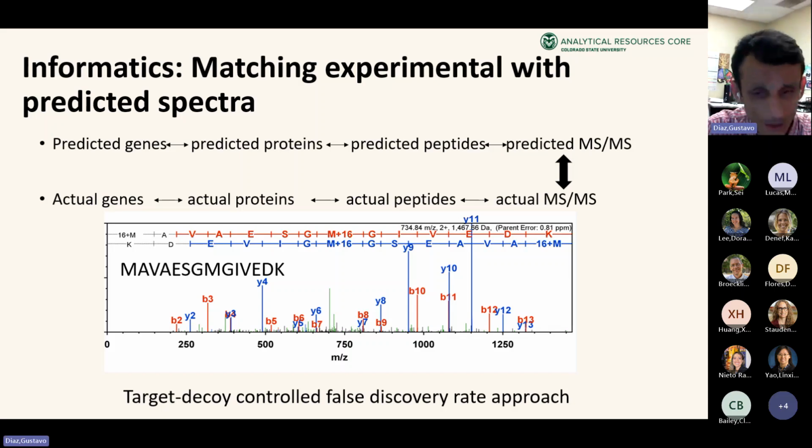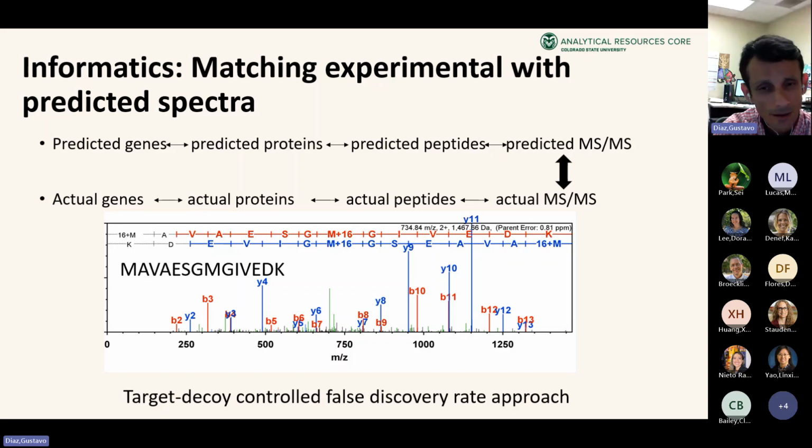Since this process relies on algorithms to do these matches, we need to test the accuracy of this matching. One of the well-established methods to control this is the target-decoy false discovery rate control. So we want to see if this prediction is accurate. What we do is create a decoy data set from our forward data set.